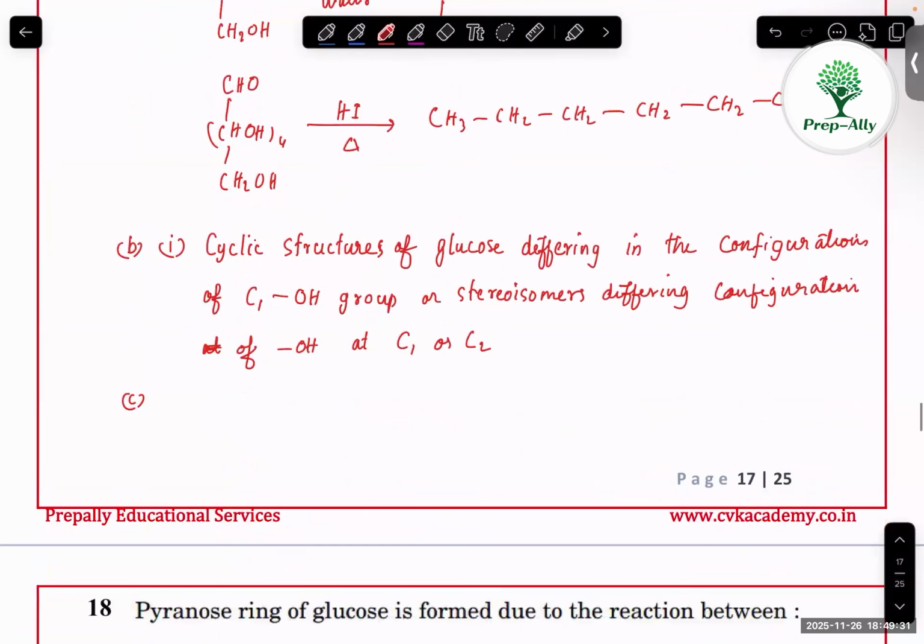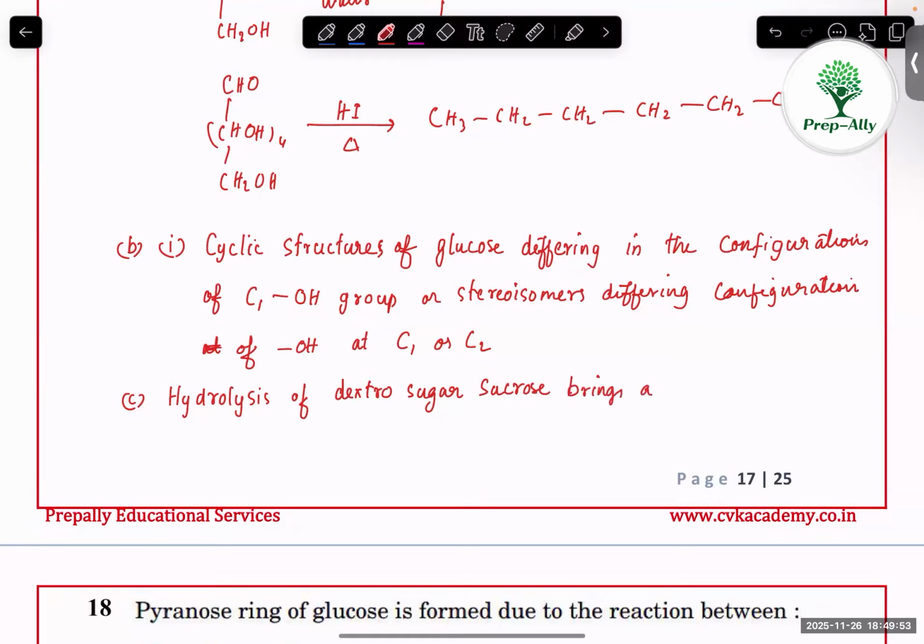So this particular product is called invert sugar. So we can say hydrolysis of dextro sugar sucrose brings a change in optical rotation to levorotatory.